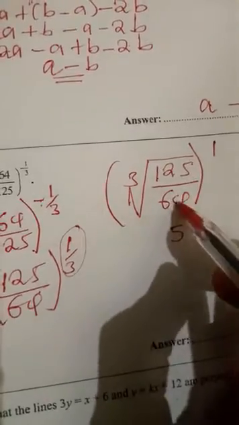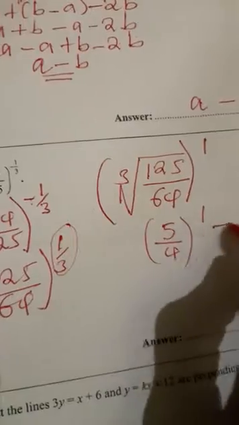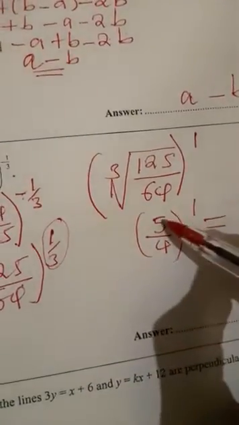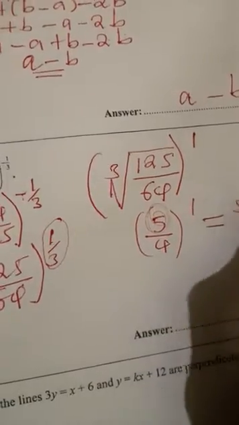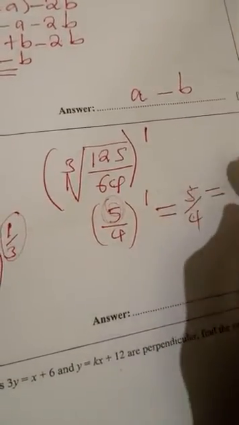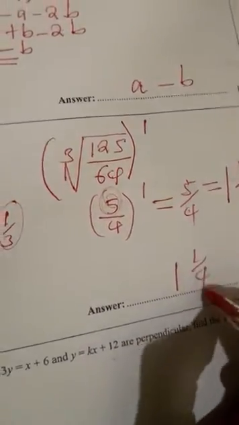The cube root of 64 is 4, to the power of 1. And this means 5 is appearing 1, so it is just 5 over 4. So 4 into 5, 1, remainder 1 over 4. So the answer which should be indicated here will be 1 1/4. So you show your work. Make sure that you show your work.